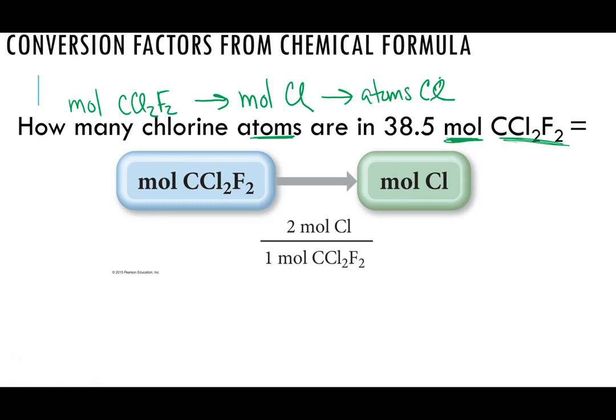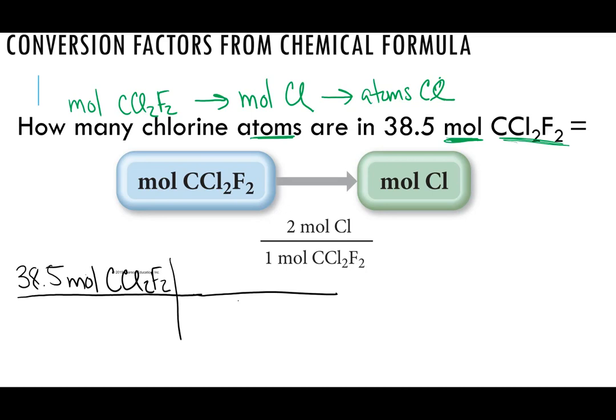So what's the first thing we write down for every unit conversion problem that ever existed? We write down the information or measurement that was taken. So 38.5 moles of our compound. And here you see it's incredibly important to put of what. Okay. So what goes diagonal? What goes on the bottom?